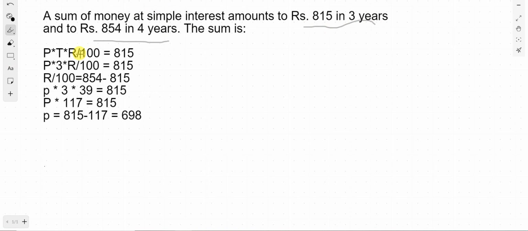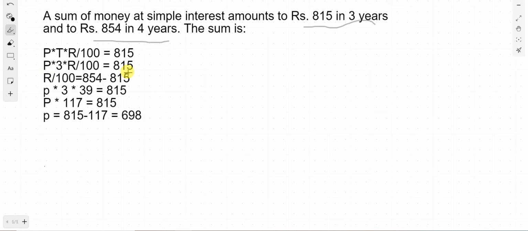The formula for simple interest is principal into time into rate divided by 100 equals simple interest. Now for 3 years we know T is 3, so it is P into 3 into R divided by 100 equals 815.